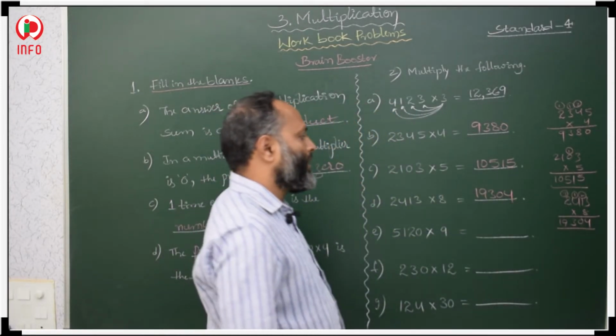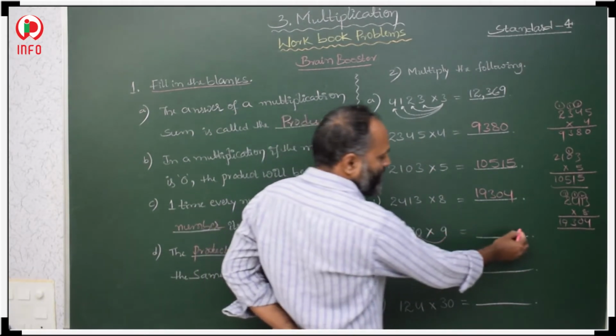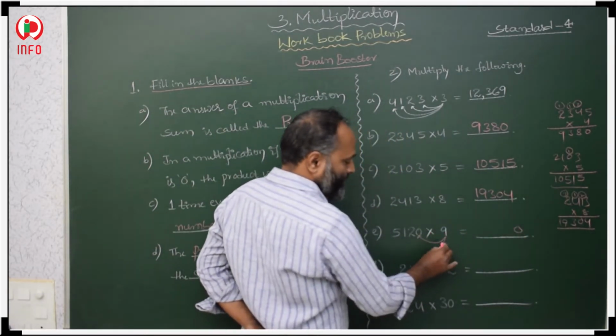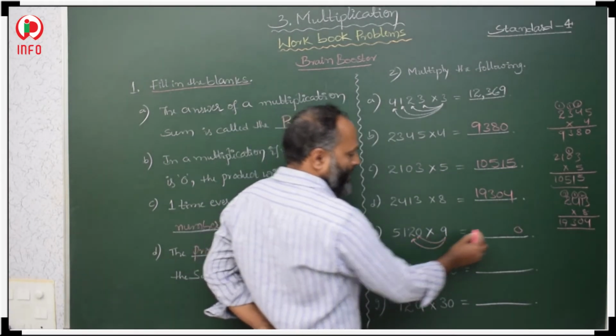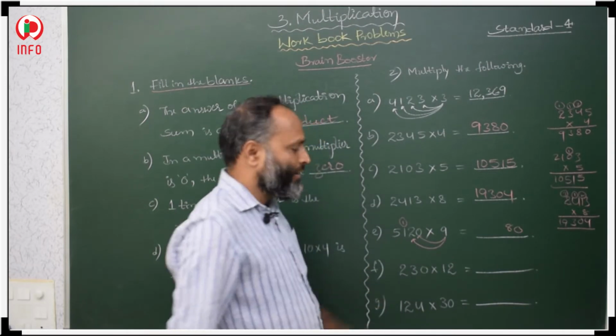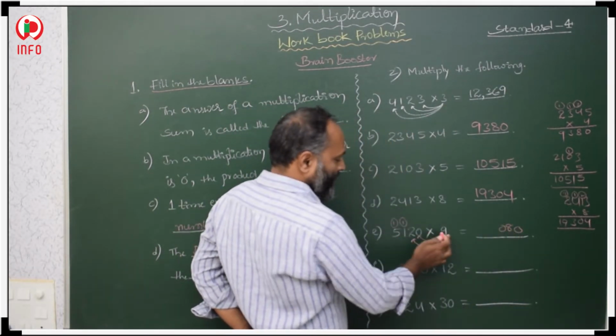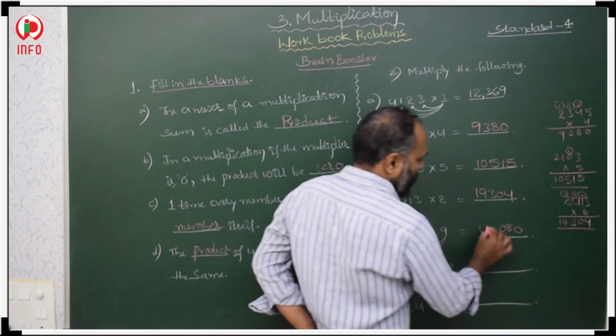So how to do it directly? See here, first 9 zeros are 0, 9 twos are 18. 18 means 8 here and take 1 here. 9 ones are 9, 9 plus 1, 10. 10 means 0 here and 1 here. 9 fives are 45 plus 1, 46.